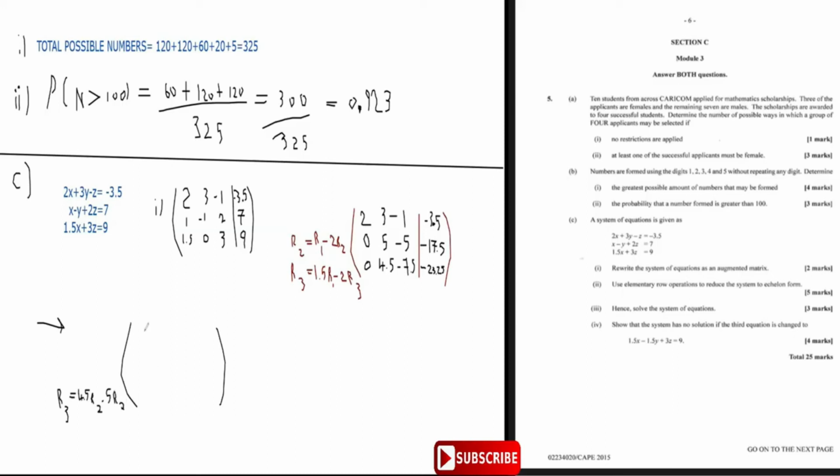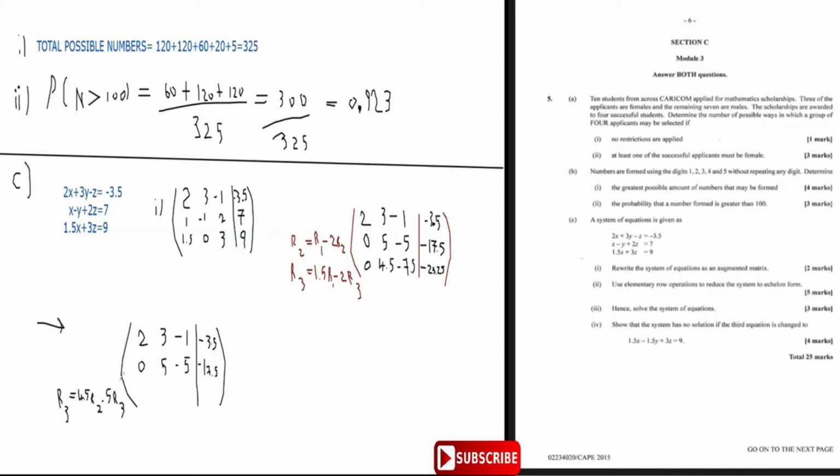Now we put back row 1 and row 2. Row 1 is 2, 3, minus 1, minus 3.5. Then we'll put back row 2, which was 0, 5, minus 5, minus 17.5. And then we'll go to the big one now, row 3.